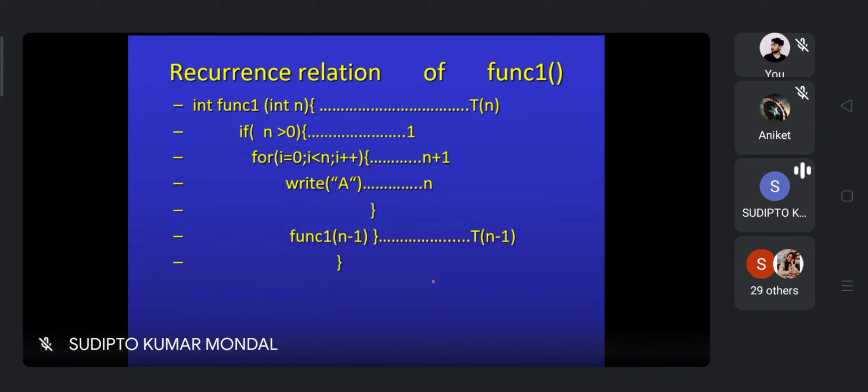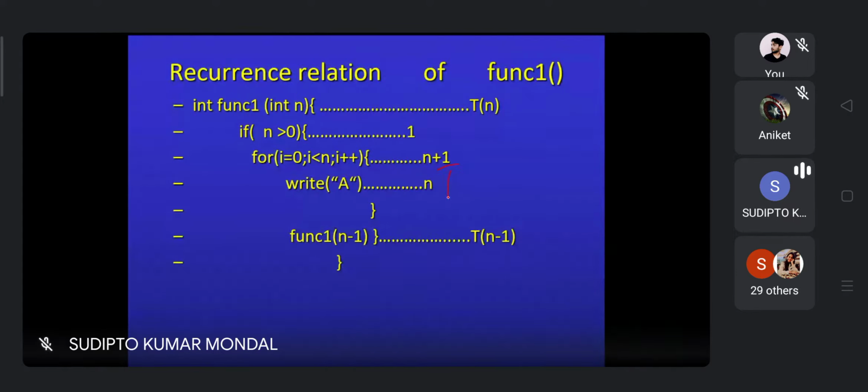So plus 1 indicates the last condition check, using which it comes out of the loop. And whatever statements are under this for loop, we will definitely execute n times, no doubt about that. That's why plus 1. Fine.